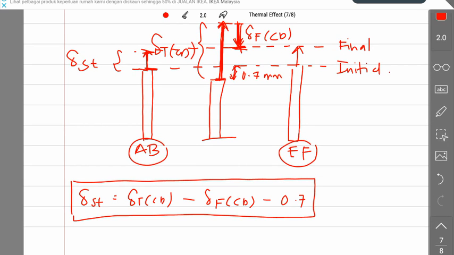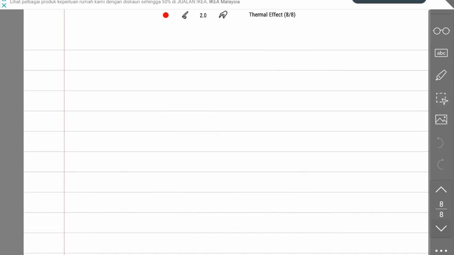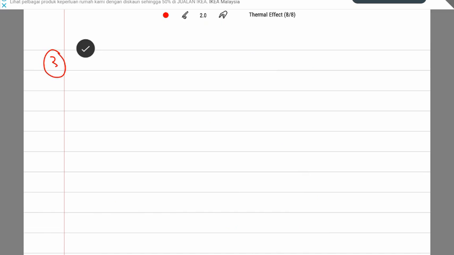Now move on to step number 3. The next step is you just need to write the force-deformation relationship and also the thermal deformation relationship.